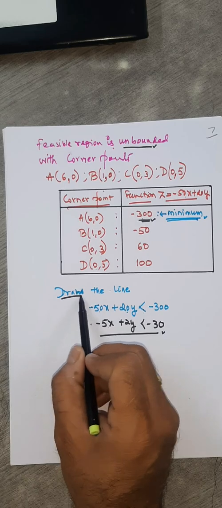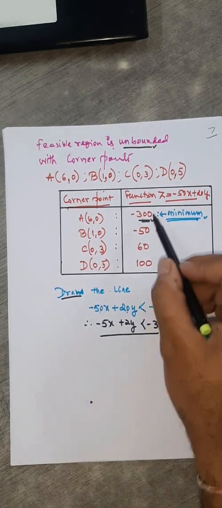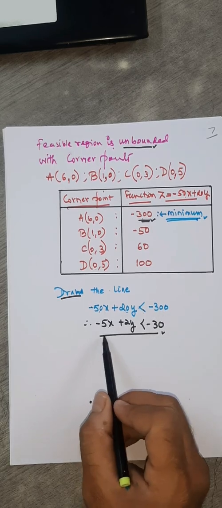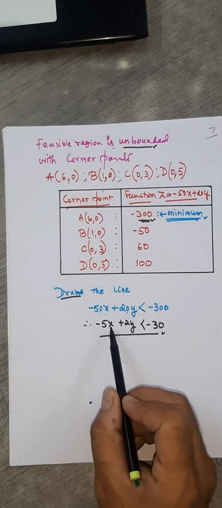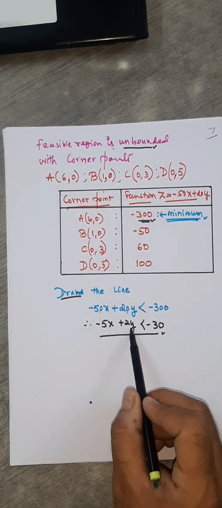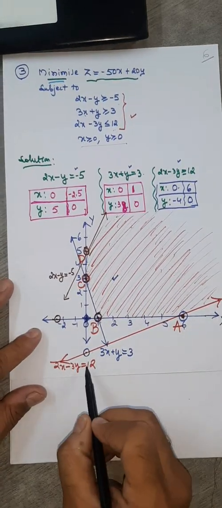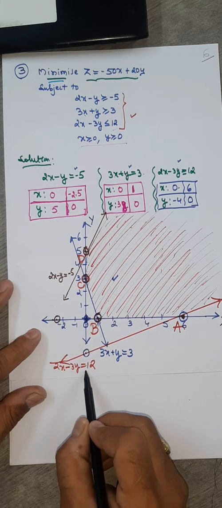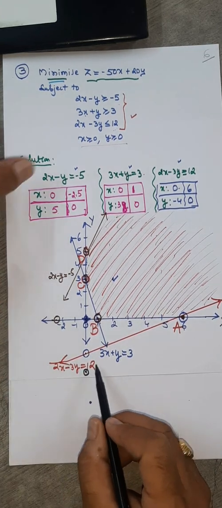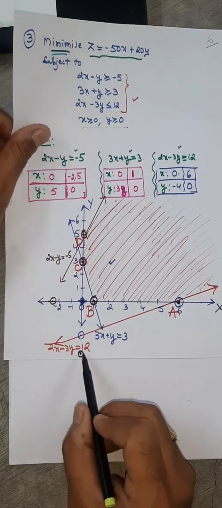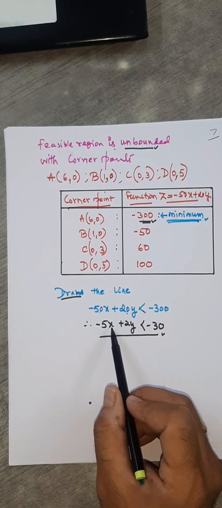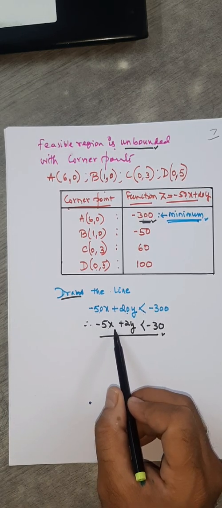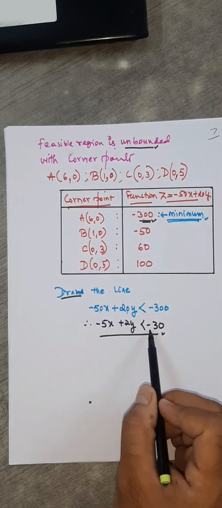So which line do you draw? The objective function less than the minimum value, which is minus 300, and then just divide by 10. Now I'm drawing this line. If x is 0, then y is minus 10. So (0, minus 10) is somewhere here. I hope this is clear to you. If y is 0, then x will be 6.